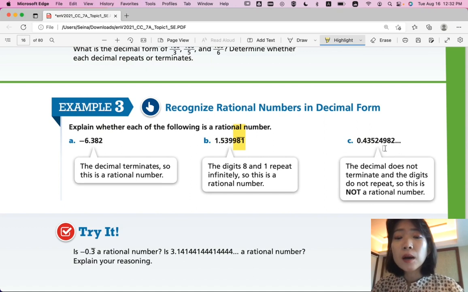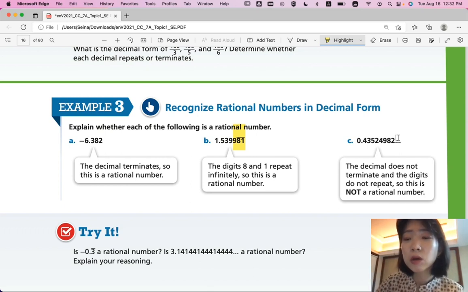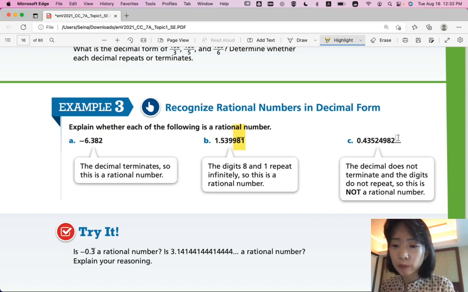Okay. And part C. 0.43524982 dot, dot, dot. Does it have a pattern? It is not repeating and it is not terminating. So if it's neither of those two types of decimals, it is not a rational number. Yes, it is a decimal, but it doesn't go into the category of repeating decimal or terminating decimal.